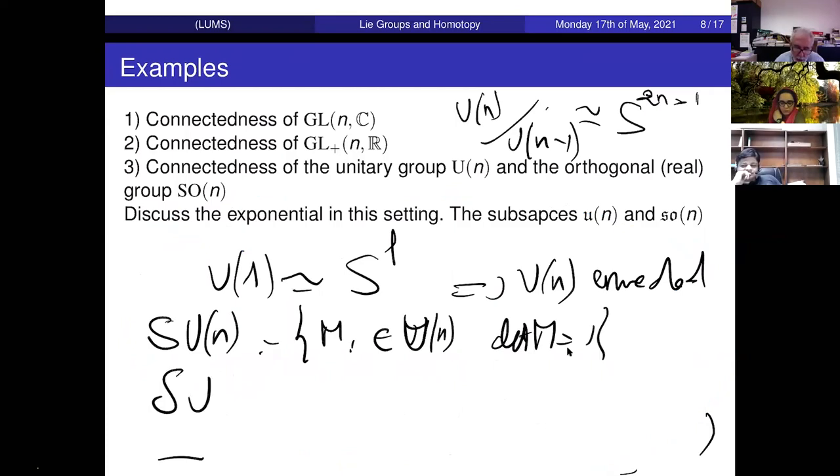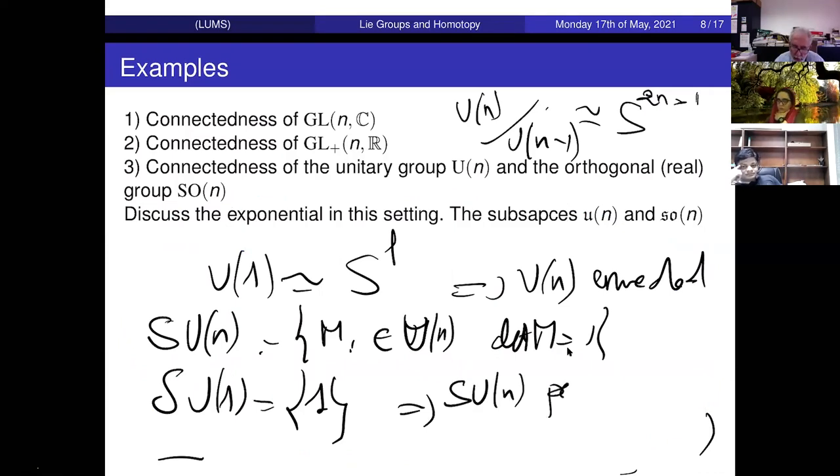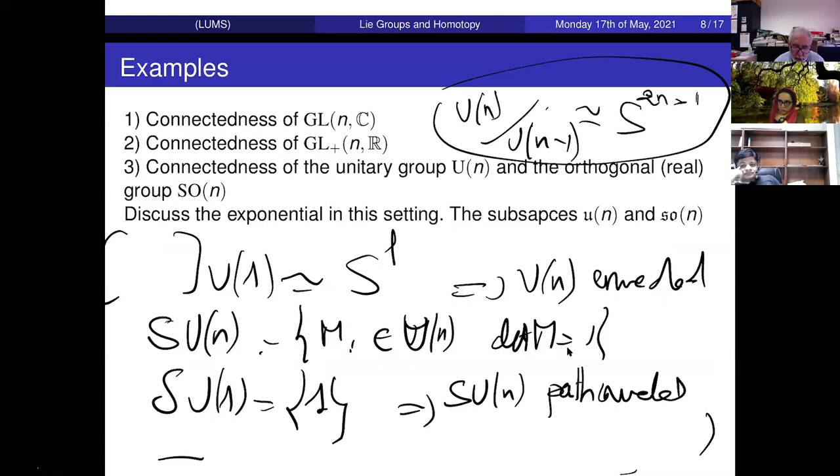And since SU1 is just the 1, we can do by induction SUN is path connected. This is easy because the part which was here and the edge in the case of GLN disappears, since our matrix will have 0 here and it will be orthogonal. So all this part will be 0. So we have this writing.